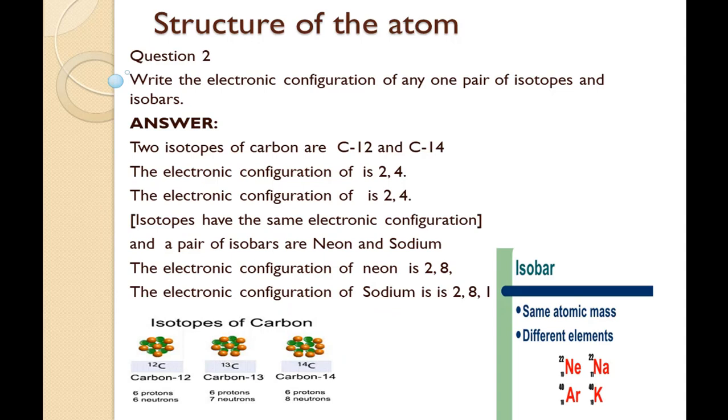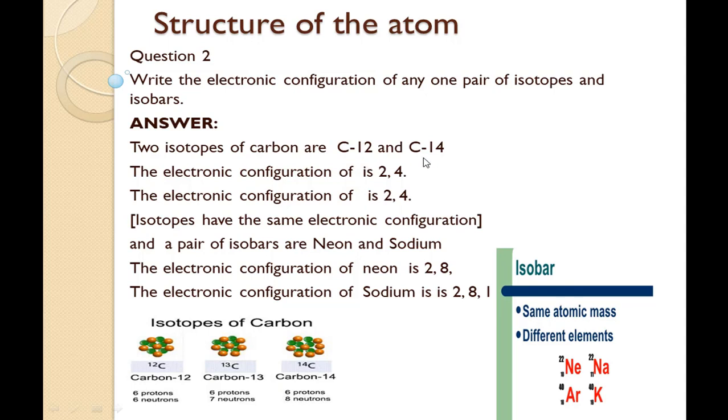Write the electronic configuration of any one pair of isotopes and isobars. So, we know what are isotopes. Isotopes are atoms of the same element having the same atomic number but with different mass numbers. For example, carbon has 3 isotopes. In the textbook, only 2 are mentioned, carbon 12 and carbon 14.